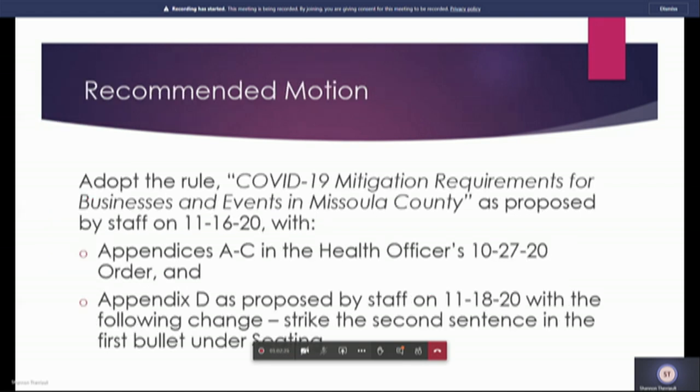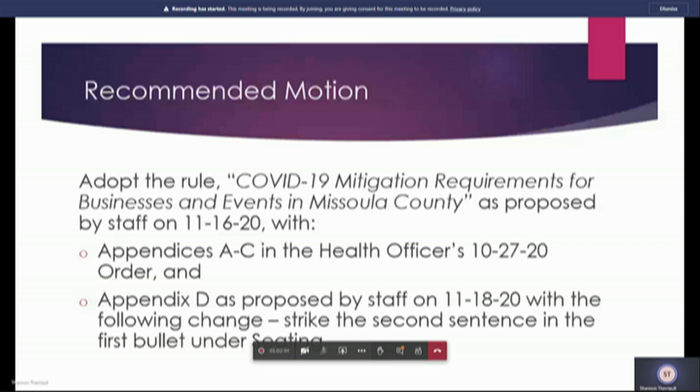And so we're putting forth a recommended motion. Ellen said earlier that if the board decides not to act today, that's okay. The October 27th rule is still in effect.